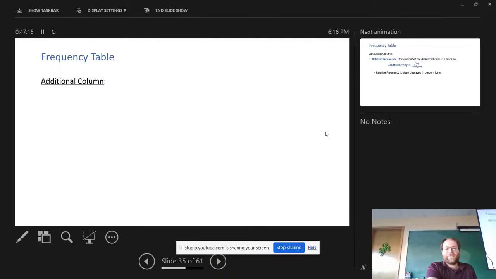The frequency table sometimes has an additional column called the relative frequency. It's how much percentage-wise of the data falls in that category.